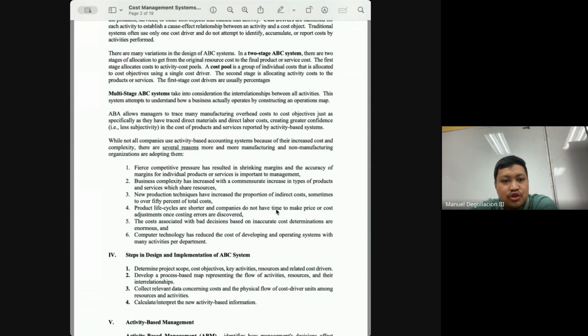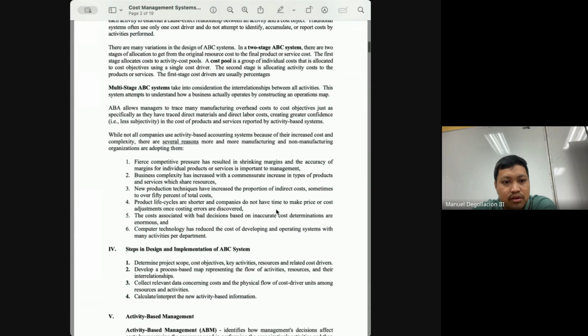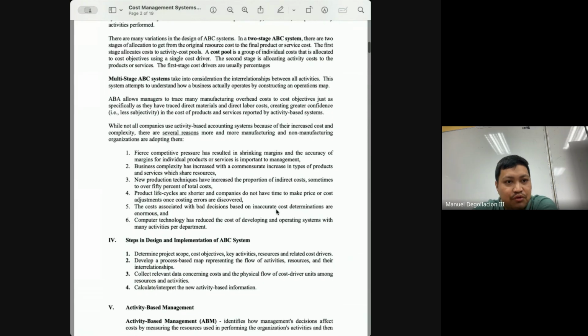Product life cycles are shorter and companies do not have time to make price or cost adjustments once costing errors are discovered. And perhaps the most important, class, costs associated with bad decisions based on inaccurate cost determinations are enormous. So basically, the shift to ABC is an attempt to save costs, class.